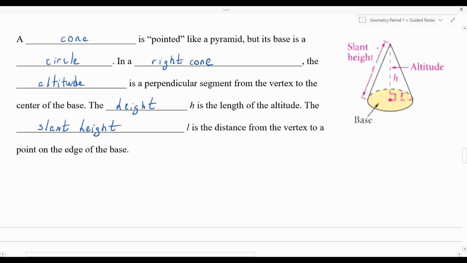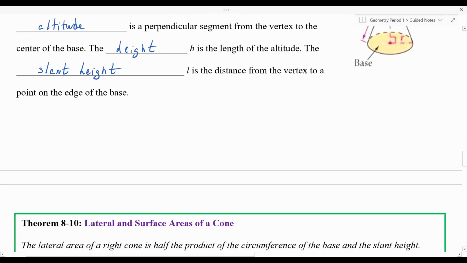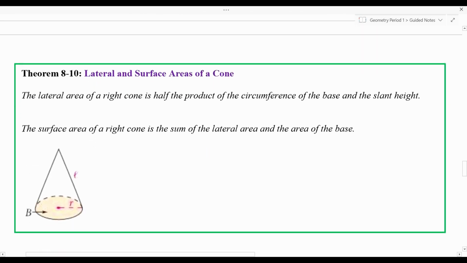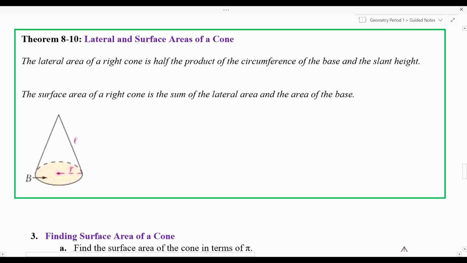You're going to see that some of the formulas that apply for pyramids also apply to cones, but there is a slight change, and we'll see what is different with the next theorem. Theorem 8-10, lateral and surface areas of a cone.